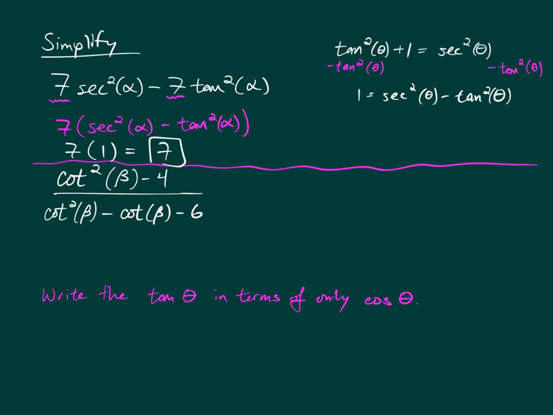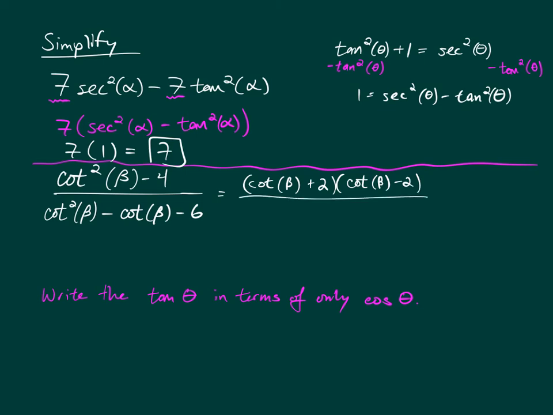So what do I mean by that? Just pretend like this is an x squared minus 4, and pretend like this is an x squared minus x minus 6, and then you can just go through and factor in the numerator by difference of squares. So cotangent of beta plus 2 times cotangent of beta minus 2, right? There's the difference of squares.